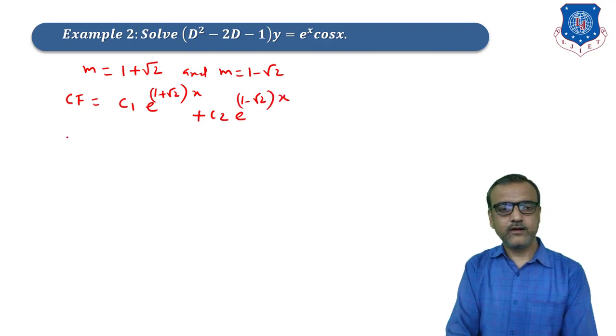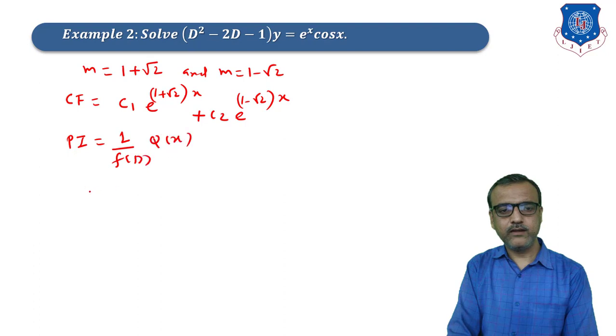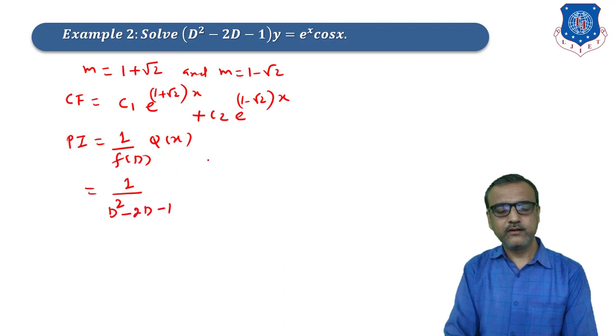Now we will find out PI, and PI equals 1 upon f of D Q of x. 1 upon f of D is d square minus 2d minus 1, and Q of x is e raised to 1x cos 1x.